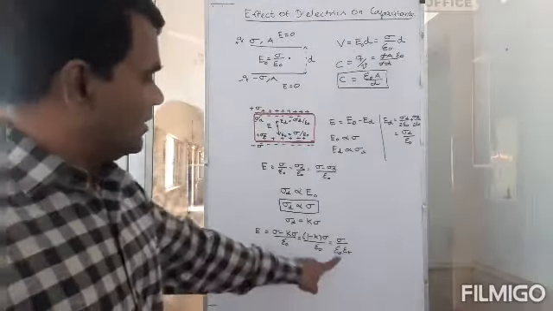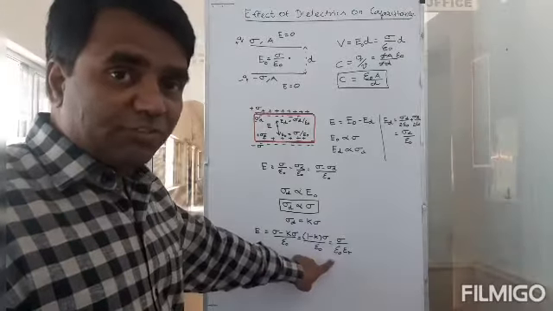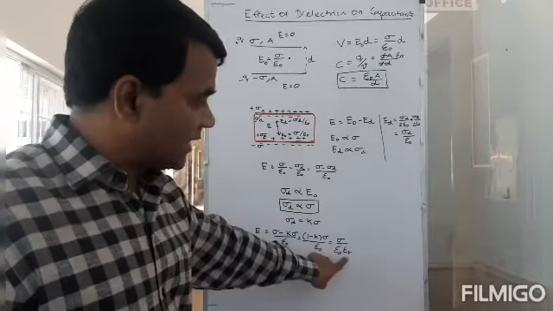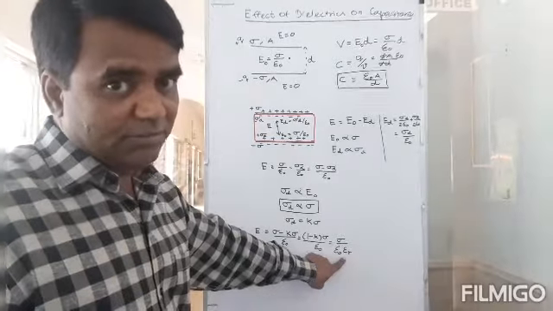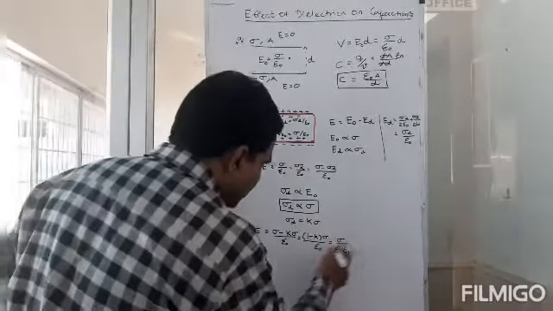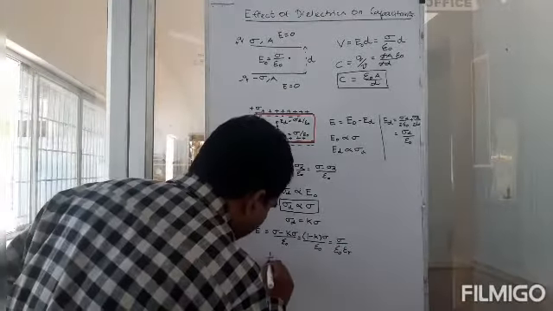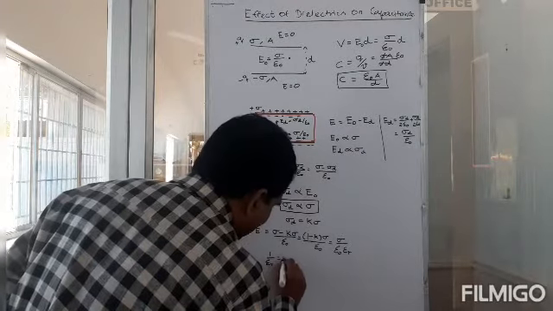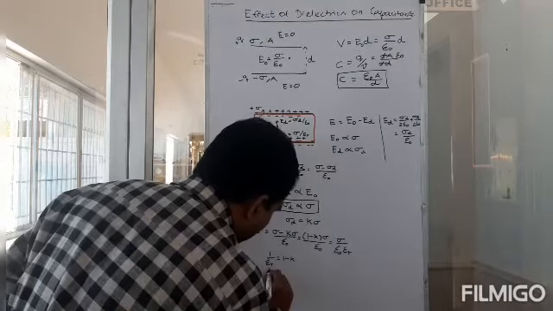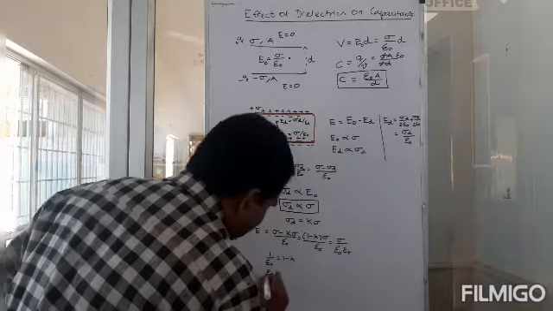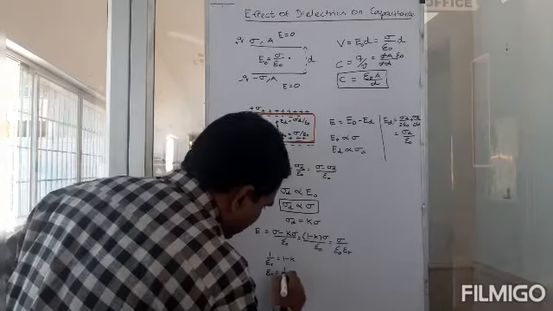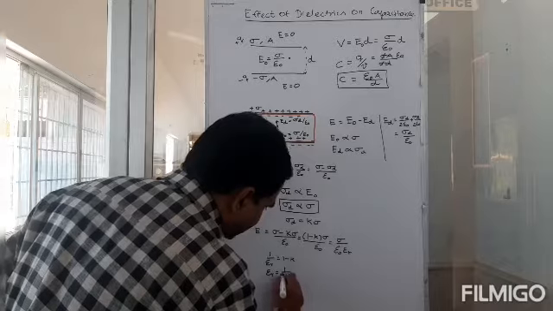Sorry, epsilon naught is the permittivity of free space, and I'm going to write this epsilon r as the relative permittivity. Which means that 1 by epsilon r is equal to 1 minus k. So the relative permittivity epsilon r is equal to 1 by 1 minus k.